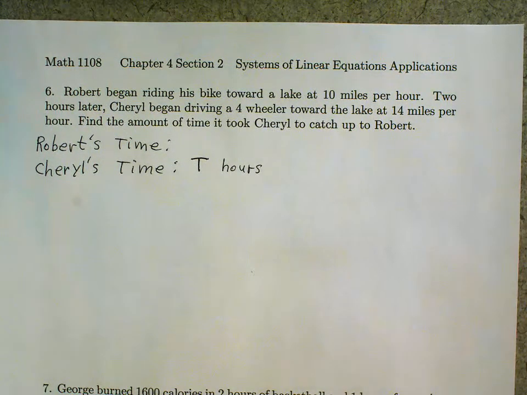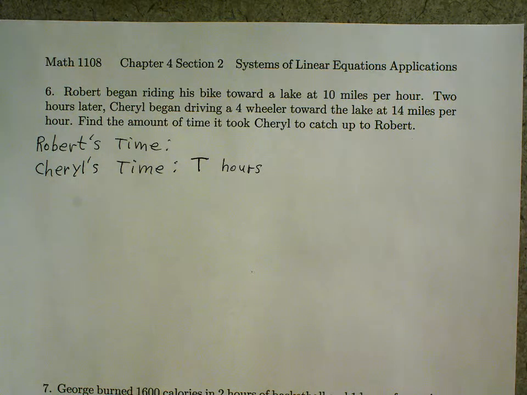And if it took Cheryl T hours to catch up to Robert, what can we say about Robert's time? Or how do we express what Robert's time is? Did Robert ride his bicycle more than T hours or less than T hours or exactly T hours?